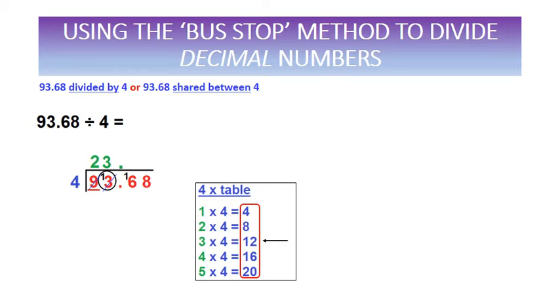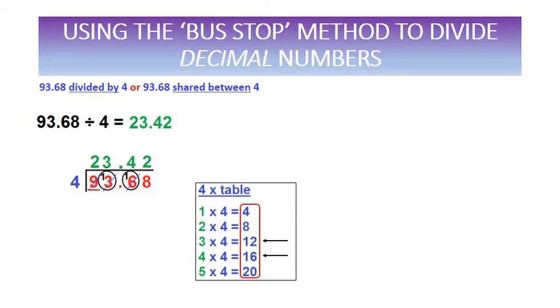And again, we don't have to worry about the value of the digits. The calculation knows. So we read that as 16. How many 4s make 16? The answer is 4. Nothing left over. How many 4s make 8? The answer is 2. And there's nothing left over.